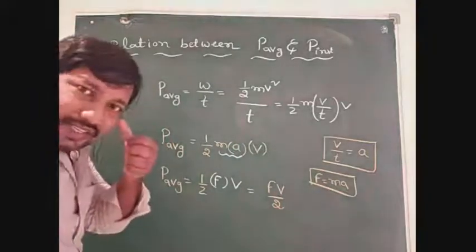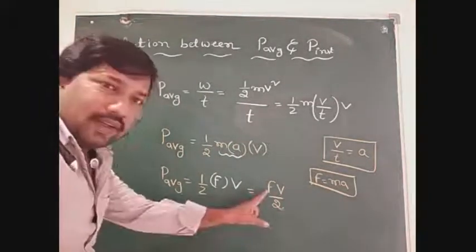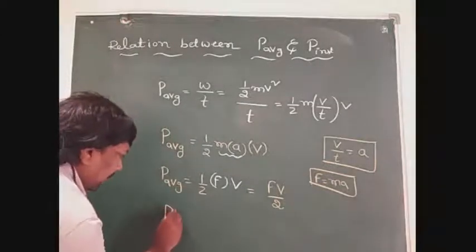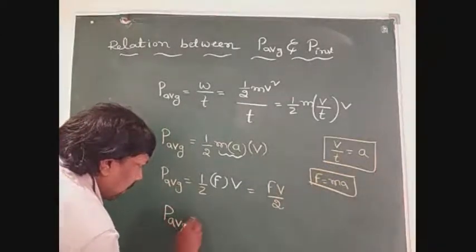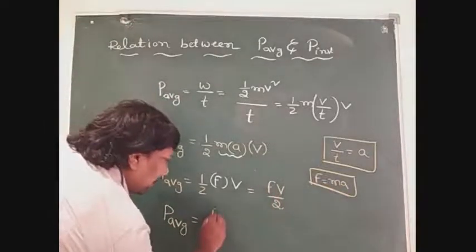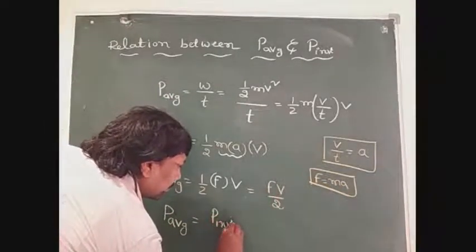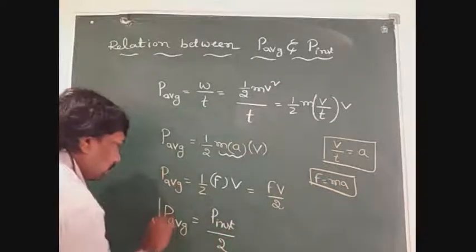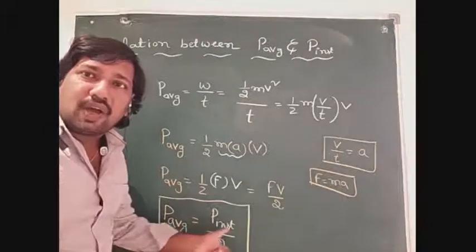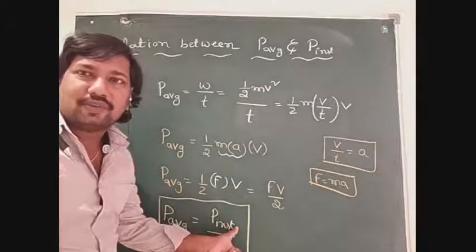You know that instantaneous power is the dot product of force and velocity. So P average is equal to instantaneous power by 2. This is the relation between average power and instantaneous power.